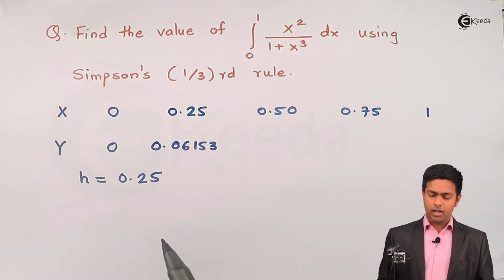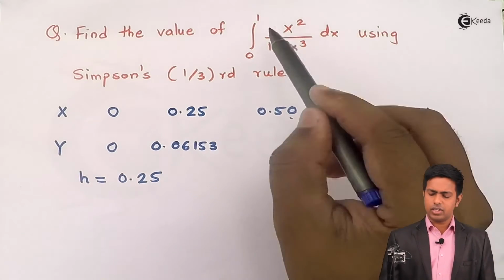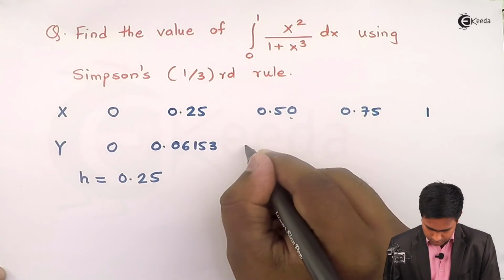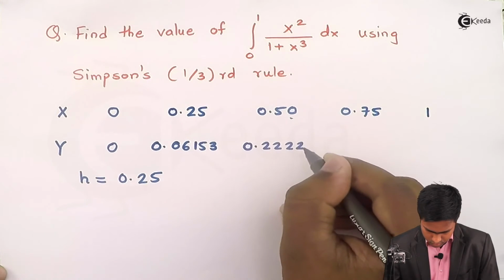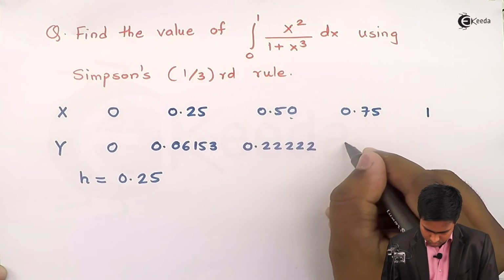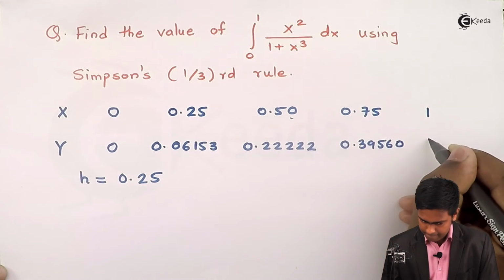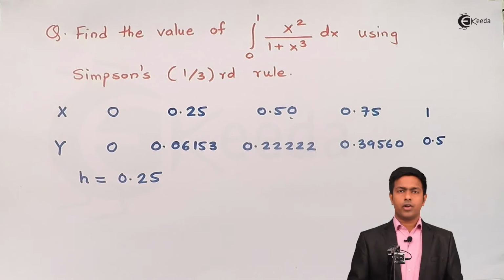Now I'm going to repeat the operation for these 3 values. Just put these values in this function and get the value of y. So here we got these values.